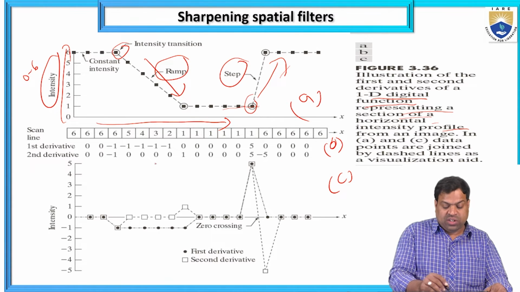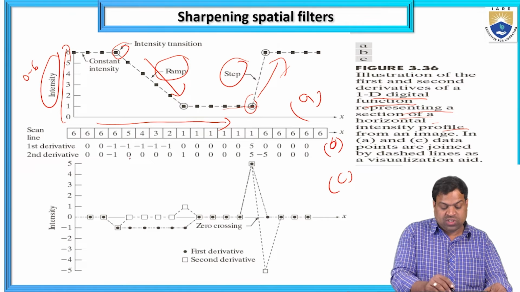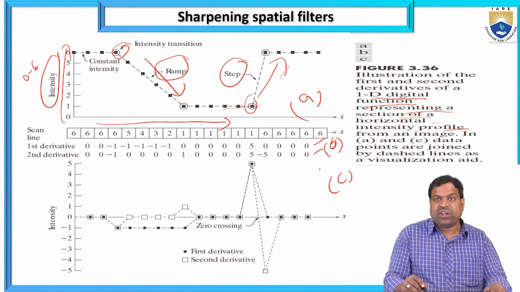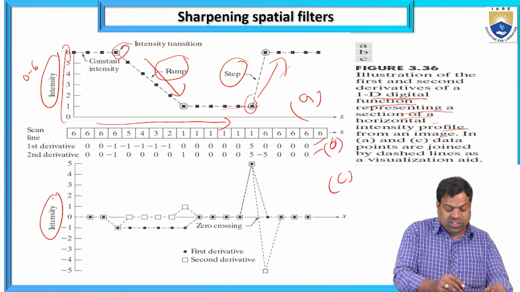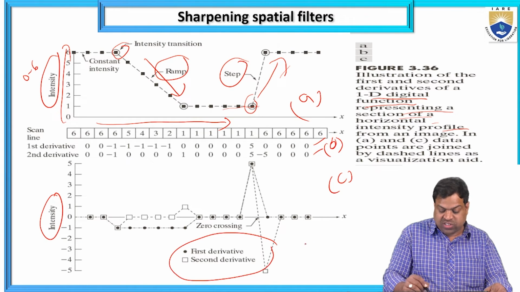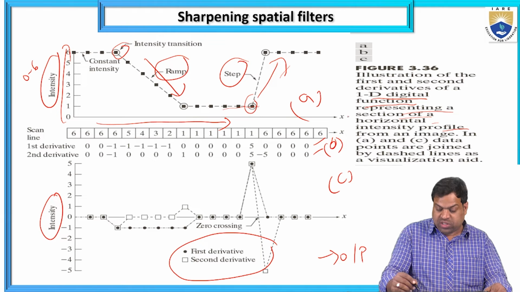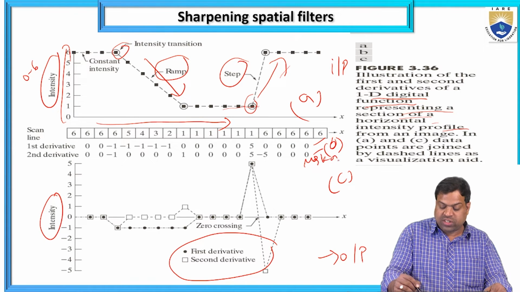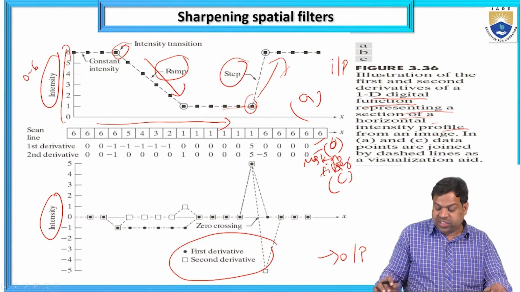These are the intensity values, these are the first order derivative values, and these are the second order derivative values. It is the input and the output, when I use a mask or filter.